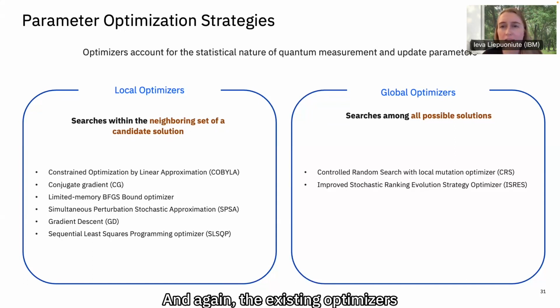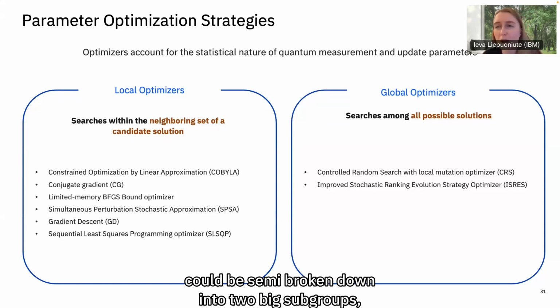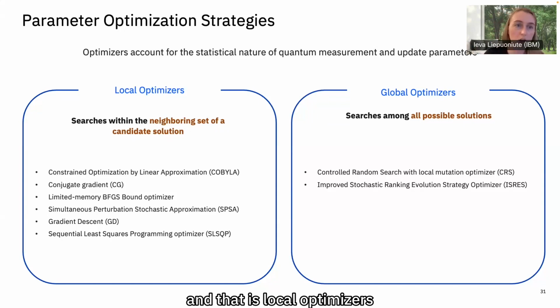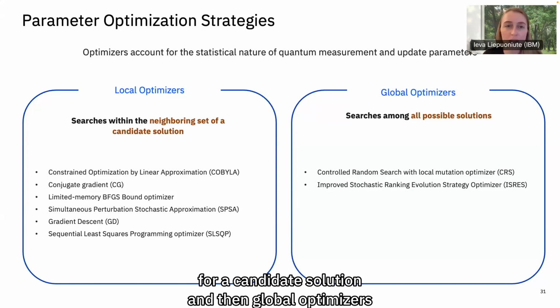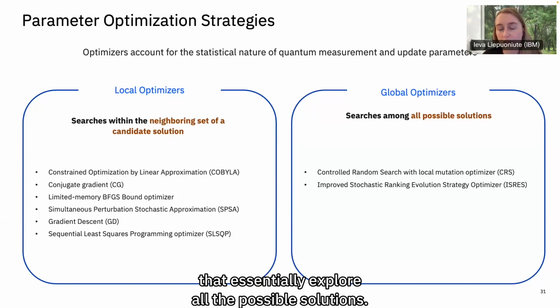The existing optimizers could be broken down into two big subgroups: local optimizers that search the neighborhood for a candidate solution, and global optimizers that explore all the possible solutions.